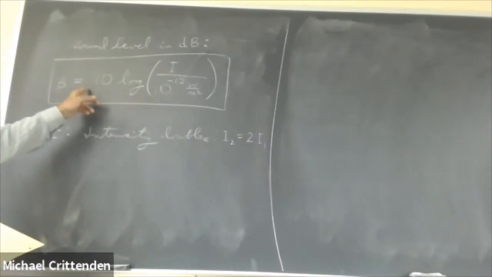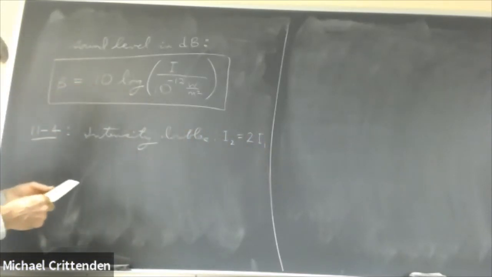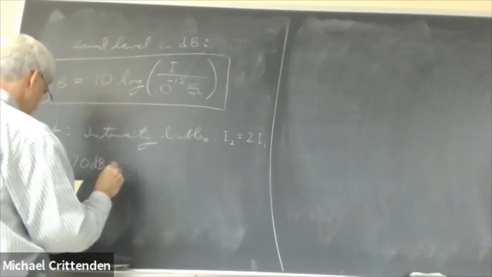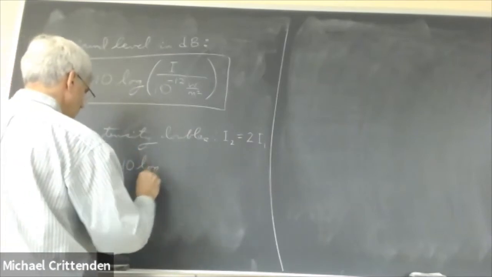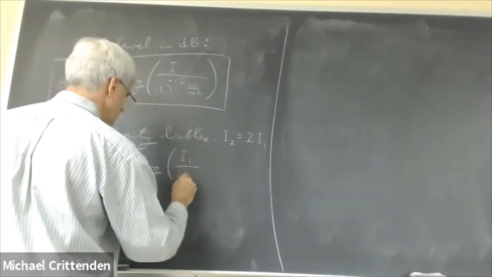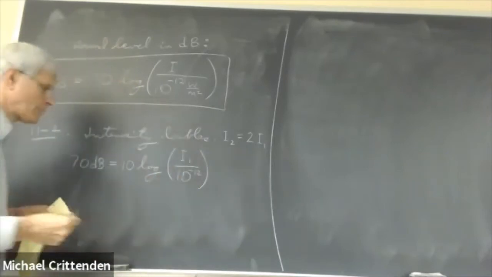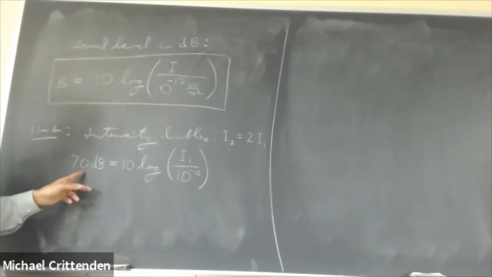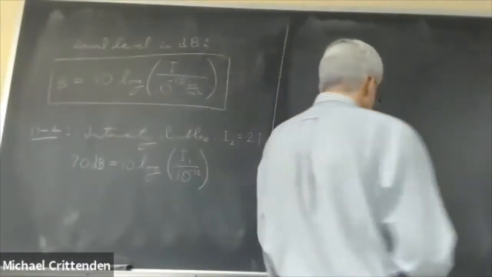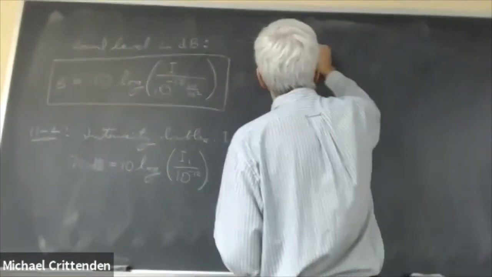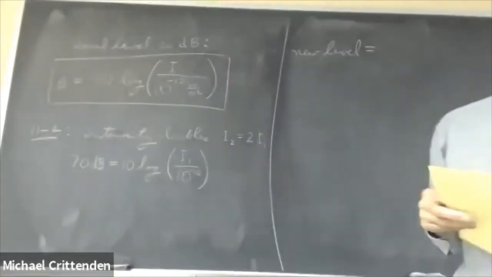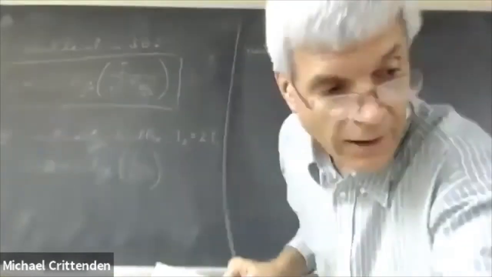I'm going to put that into this formula here. 70 decibels corresponds to the original intensity, I1. The new level: how many decibels do we have after the second siren comes on?